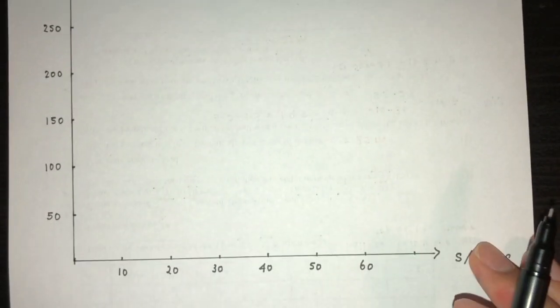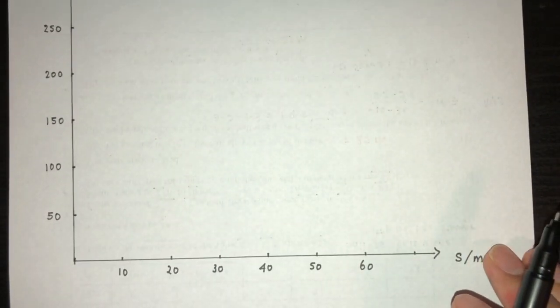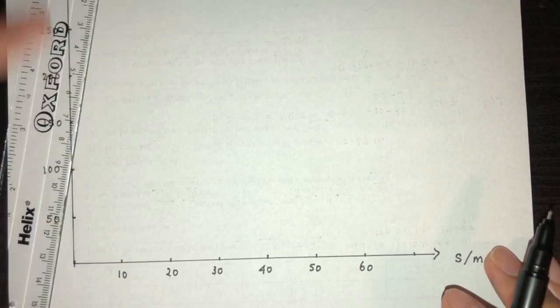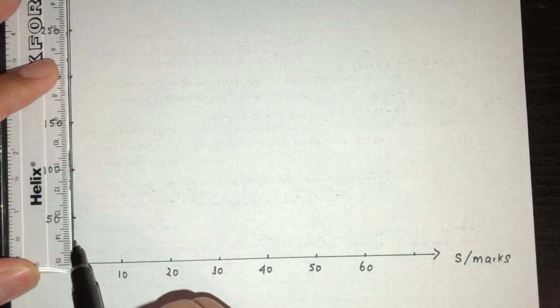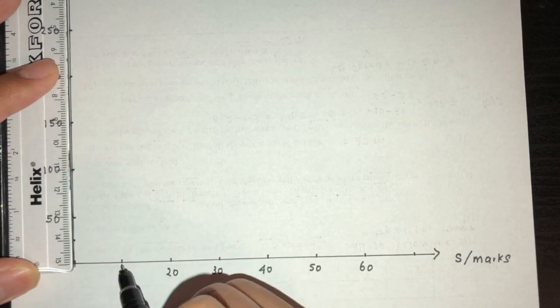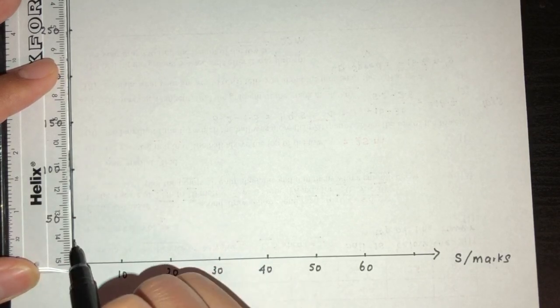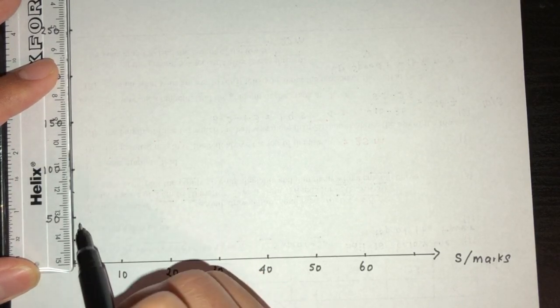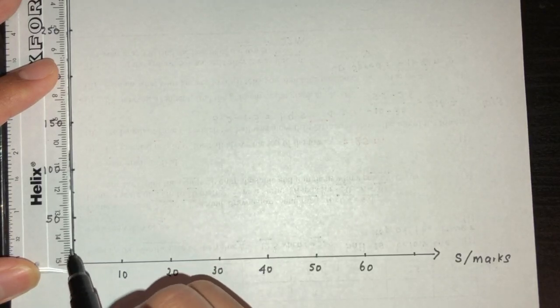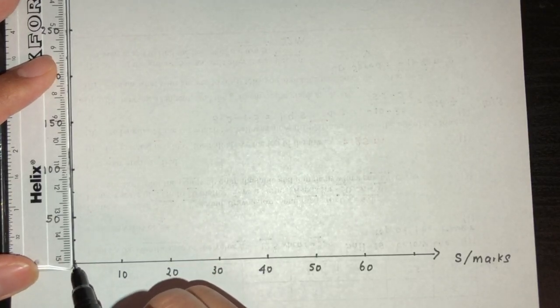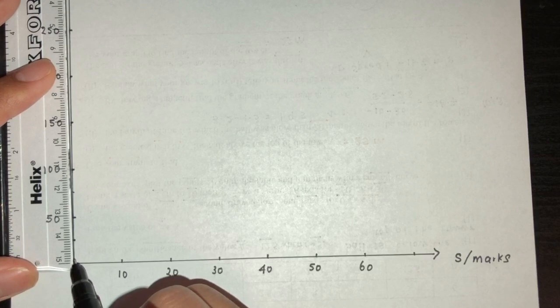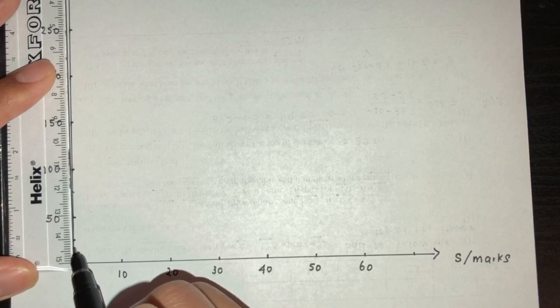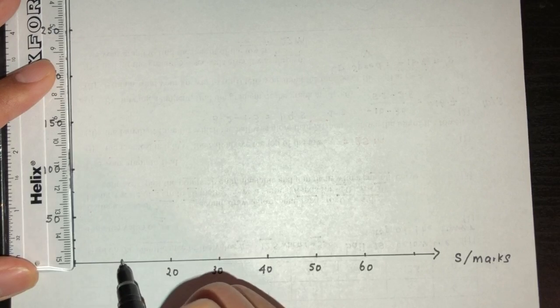Now the first point is given to us by 10, 15. So let's see, where would that be? So where will 15 be? This is 25, 75. So how much is 1 square? We have 5 squares, so about 3 squares will be somewhere around this point.